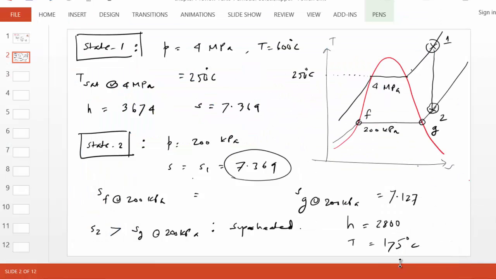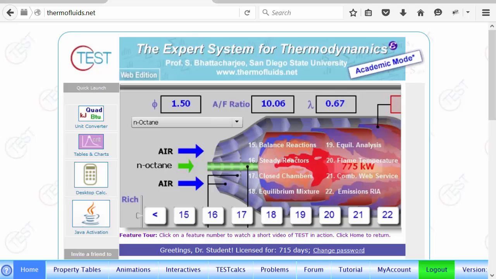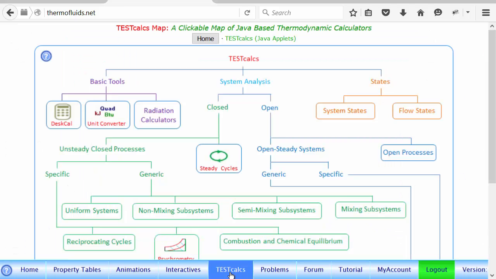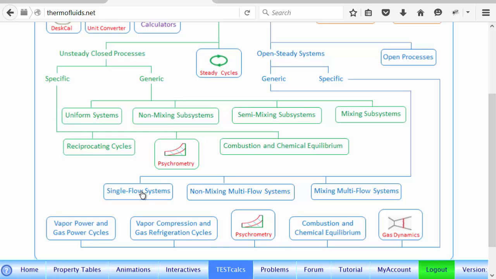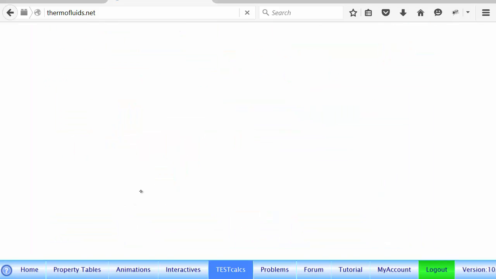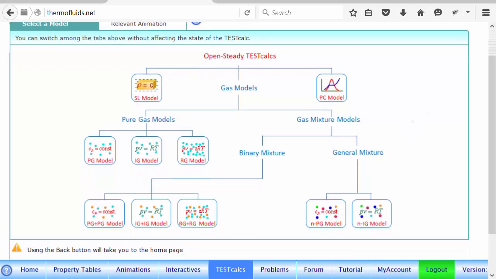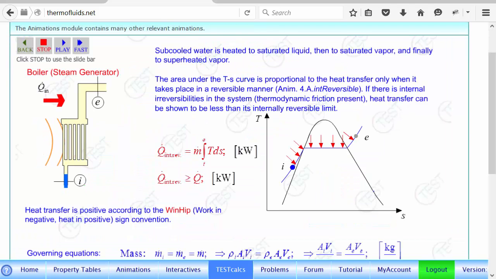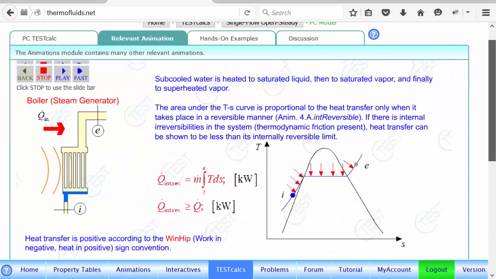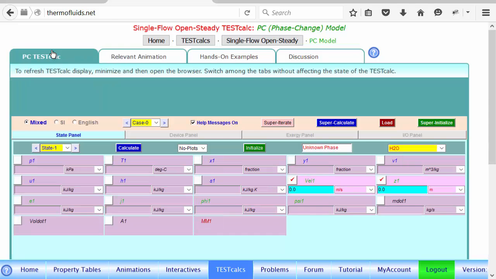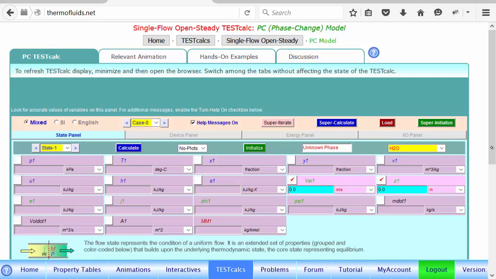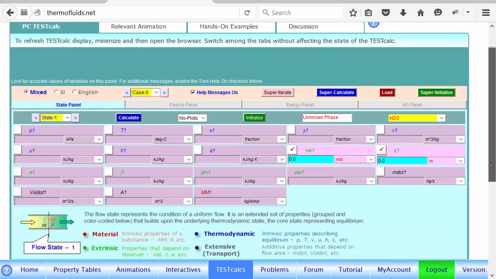Okay, so we go launch TESTcalc: system analysis, open system, open steady system, generic, and a single flow system because there is only one inlet and one exit in a turbine, and finally PC model. And you have to select the launch TESTcalc tab, and we got TESTcalc going here.